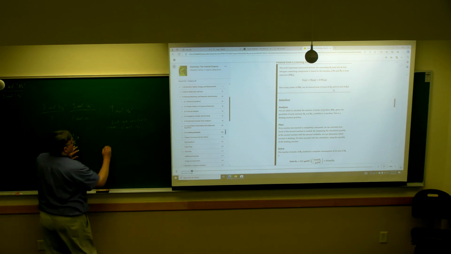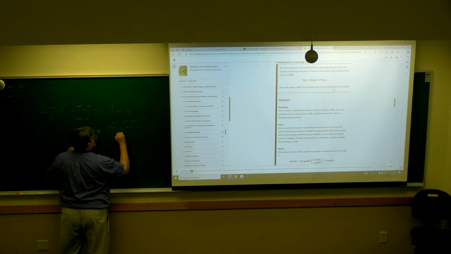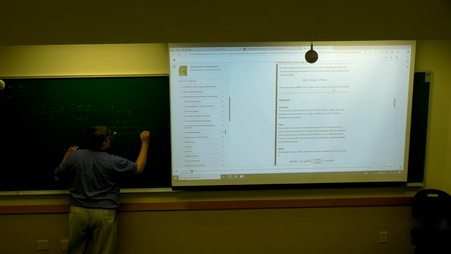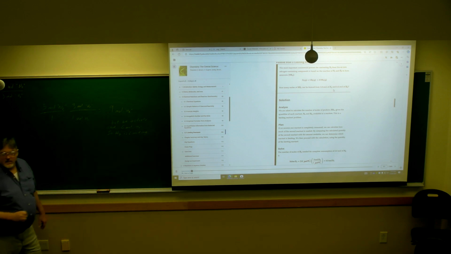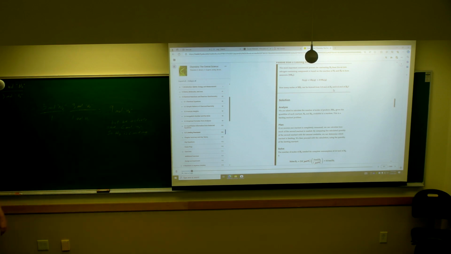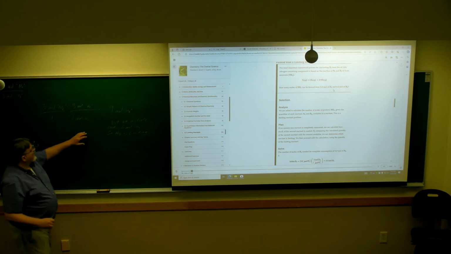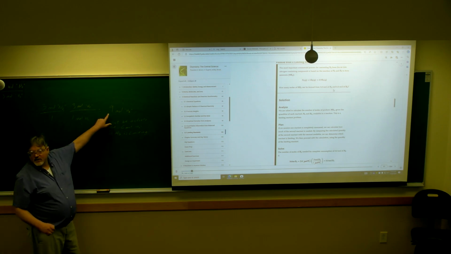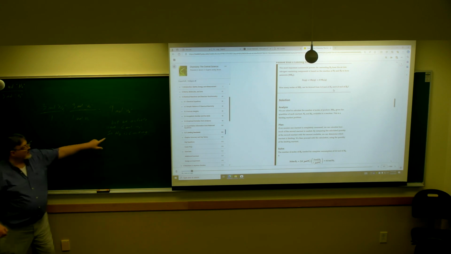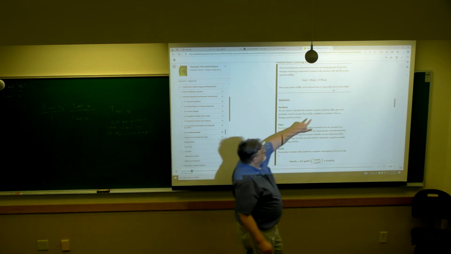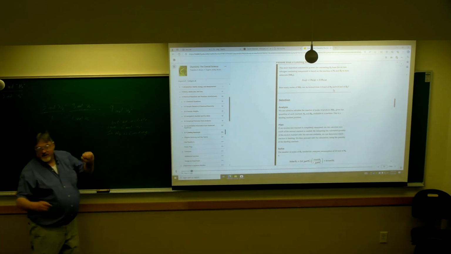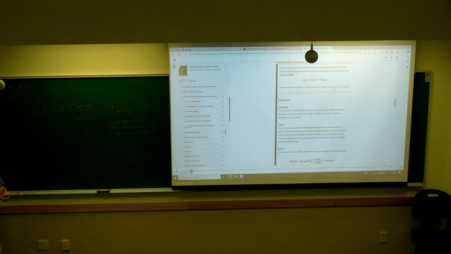That means H2 is the limiting one because we don't have enough. We only have 6 moles, but we needed 9 moles to make it break even perfect. We only have 6 moles of H2. We don't have enough. So that's the limiting one. Do you see?